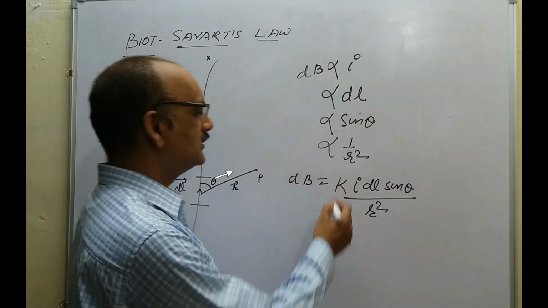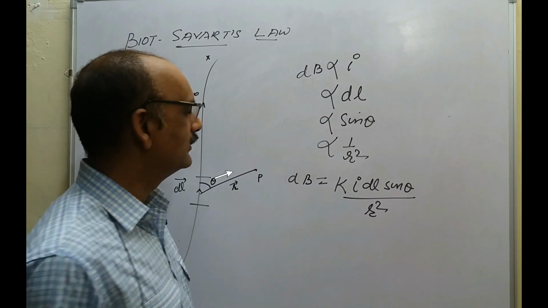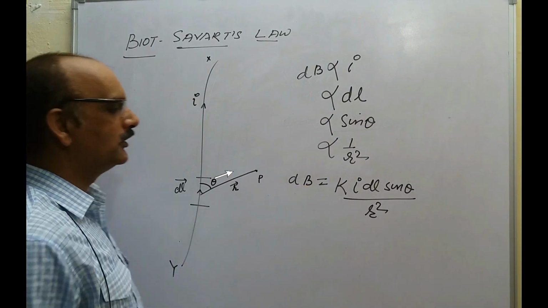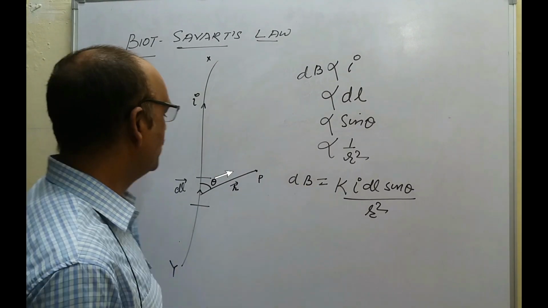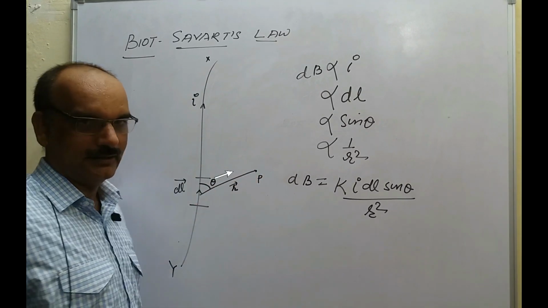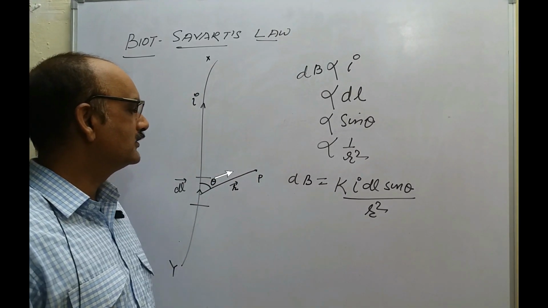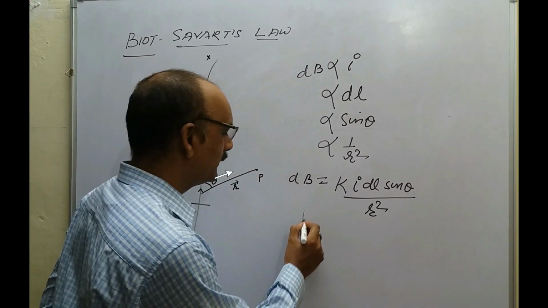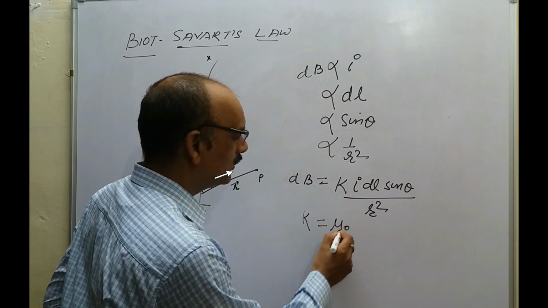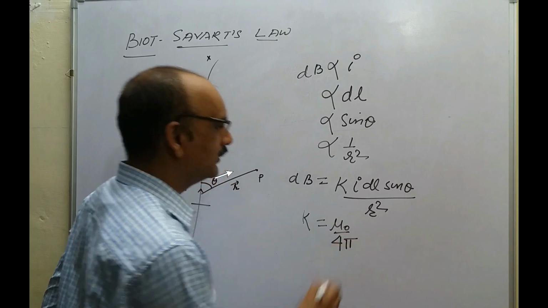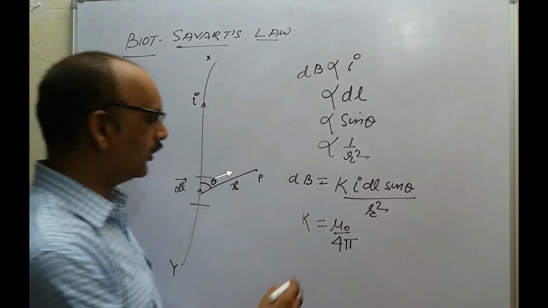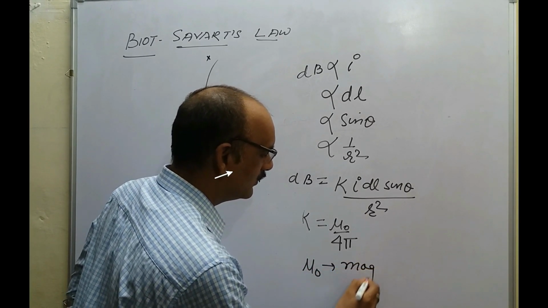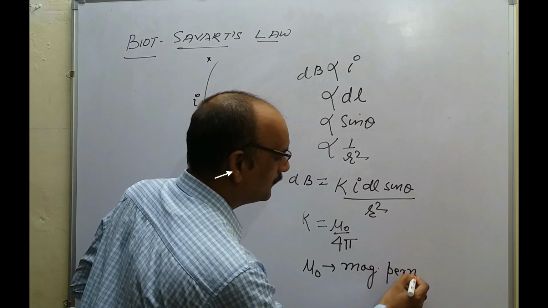where this k is the proportionality constant and its value depends on the system of units taken and the medium between P and dl. In the SI system, for free space between P and dl, k equals mu naught upon 4 pi, and this mu naught is called magnetic permeability.